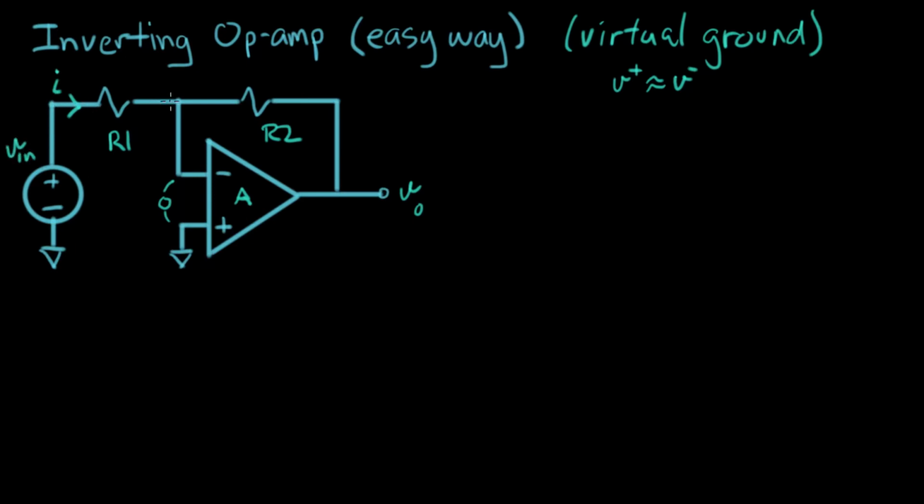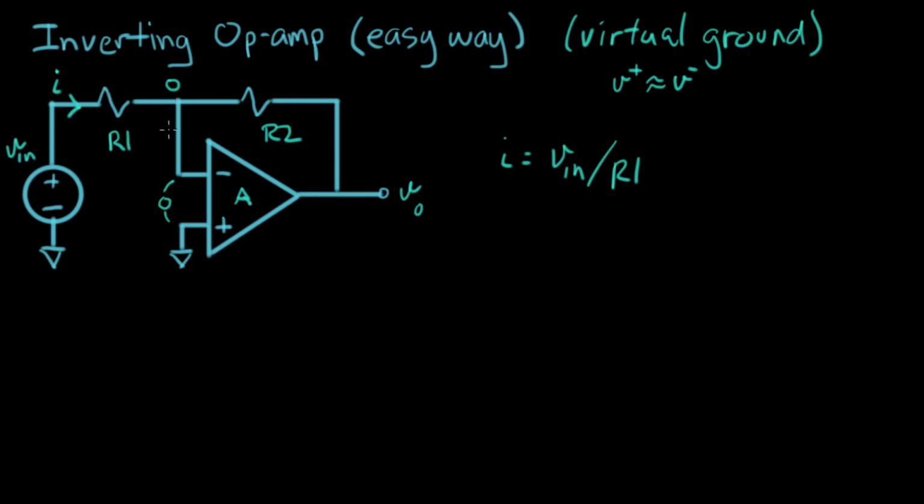And the voltage on this side of the resistor is 0 volts, because we have a virtual ground here. So we know the voltage on both sides. So I can say right away, I equals the voltage difference, Vin minus 0, so just Vin divided by R1. So we have an expression for I.